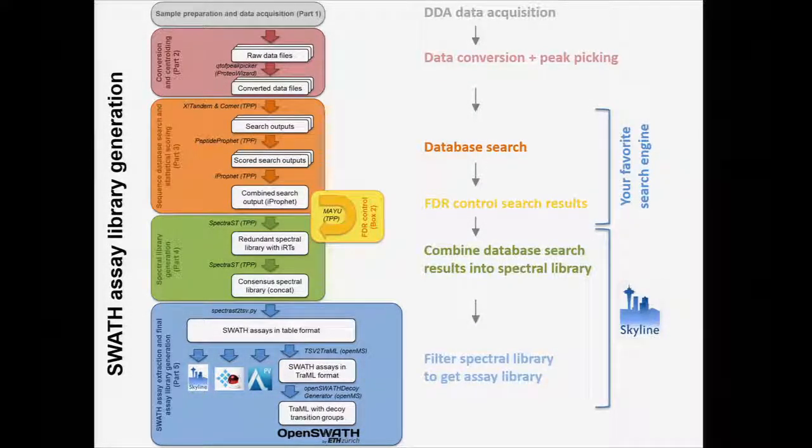I want to point out that this is just the workflow that we use and that we've described. There are other ways to do this, right? You can use your favorite search engine here. Skyline will handle basically this whole part of it, and will be able to import data from many different search engines.